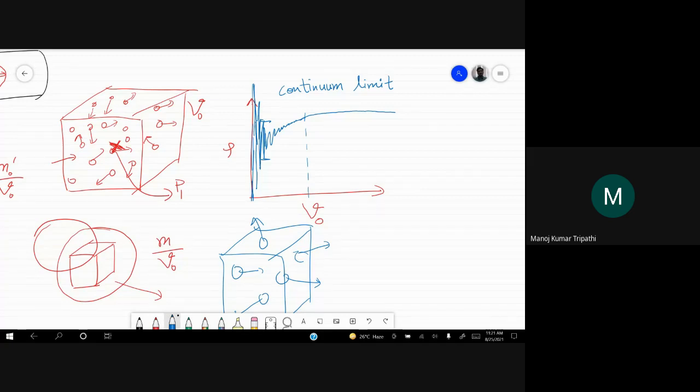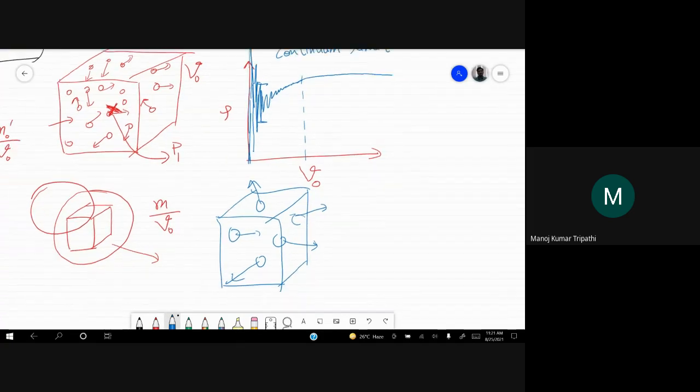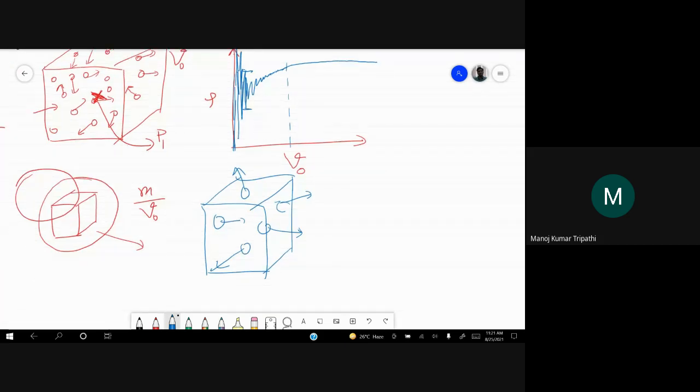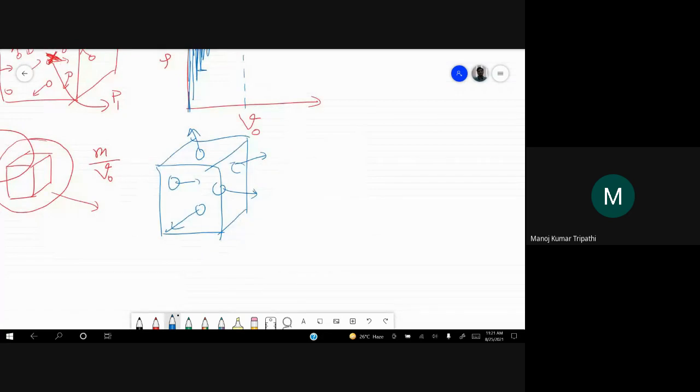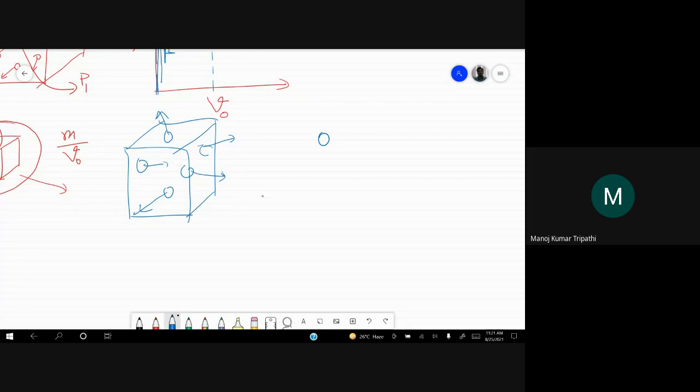So it is where people solve Newton's equations, that is force equal to mass times acceleration, for individual molecules. So let's say two molecules collide with each other. Then what will be the path they follow, and so on. And they do it for a large number of molecules.